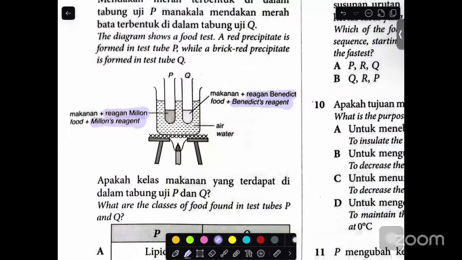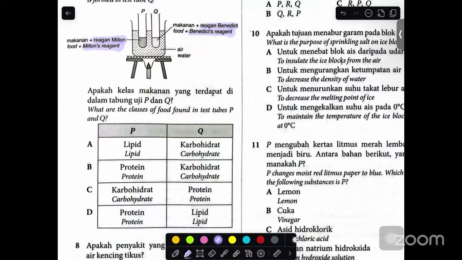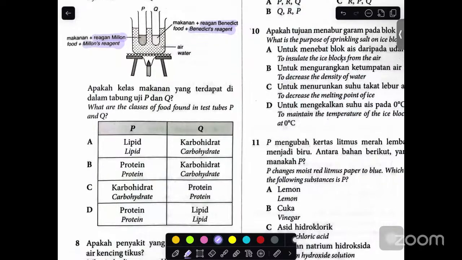So what is P? What is Q? Apakah P? Apakah Q? Millon kita akan gunakan untuk apa? Benedict kita gunakan untuk apa?